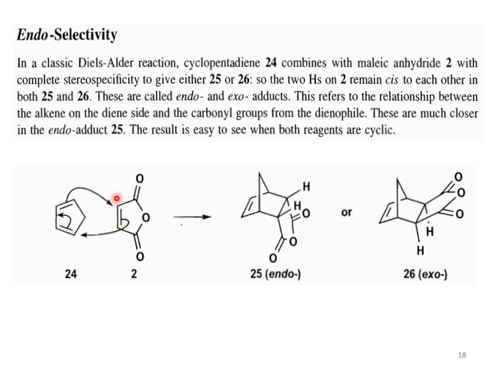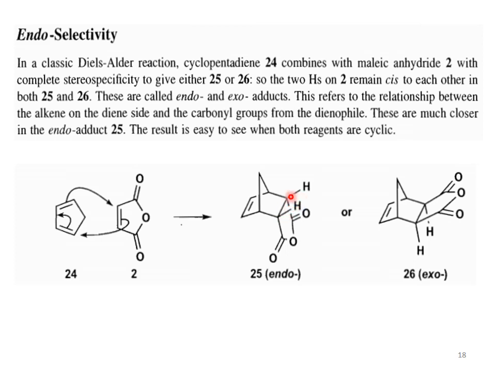And here this pi bond, the alkene double bond on the diene side, is opposite to the electron withdrawing group of the dienophile. So these 2 groups are far away from each other. So these are much closer in the endo adduct 25.